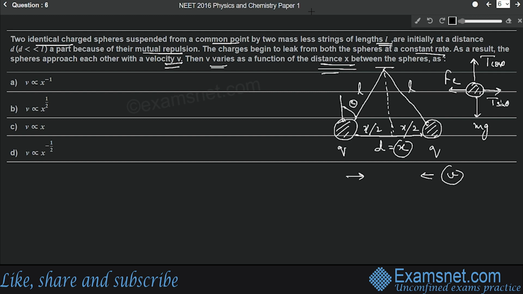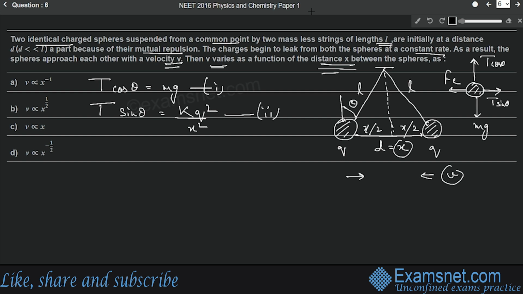So let's write the equation for these two. T cos theta will balance mg, so T cos theta is equal to mg. This is equation number 1. And T sin theta will be balancing the electrostatic force. What is the formula for electrostatic force? It is K Q1 Q2 by distance square. Q are the same, so K Q square by x square, since the distance is x. This is the electrostatic force, so this is equation number 2.